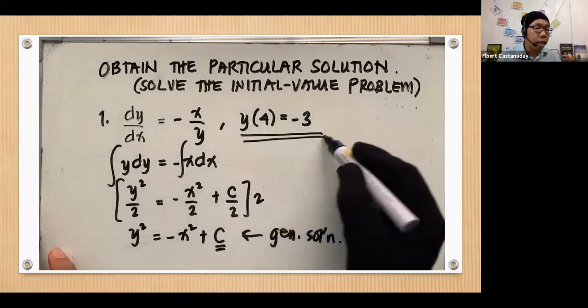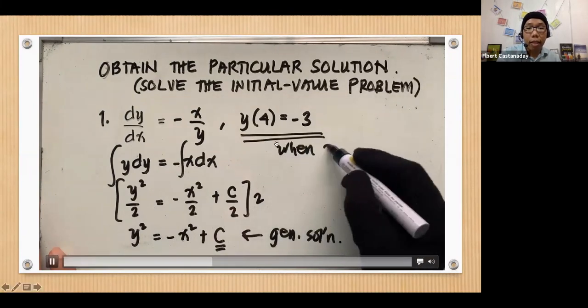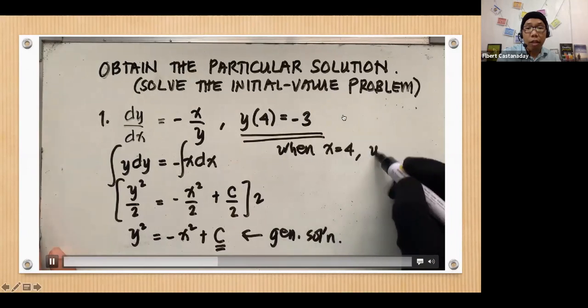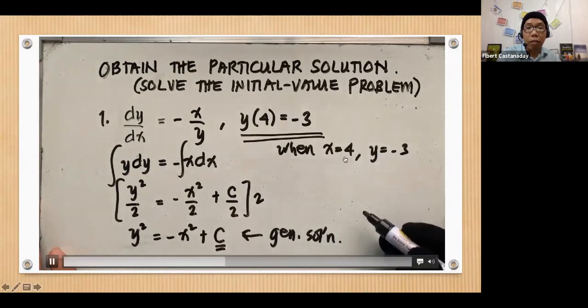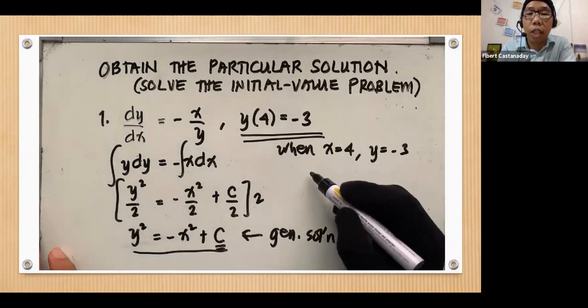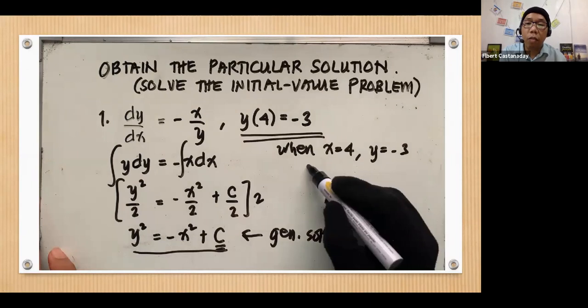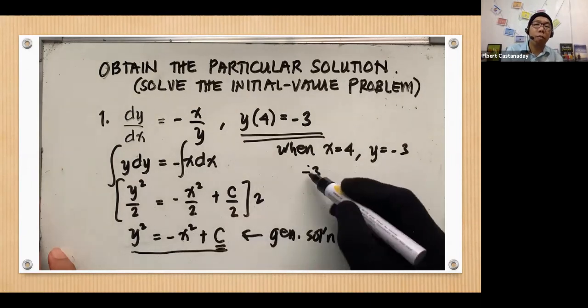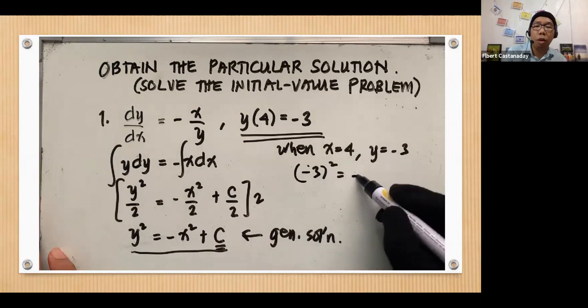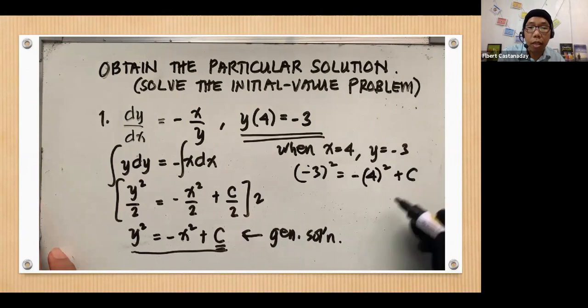So what we will do here is utilize the condition. This means that when x is equal to 4, the value of y is minus 3, or negative 3. So this is what this notation of your initial condition means. We utilize the general solution to find the value of c. So we plug in x equals 4 and y equals minus 3. So y squared becomes minus 3 raised to 2 equals minus x squared, which is 4 squared, plus c.